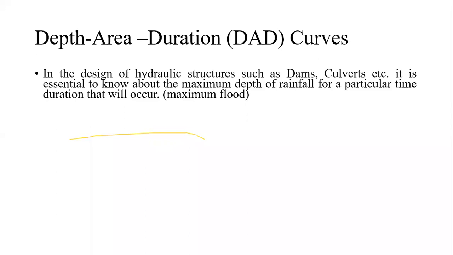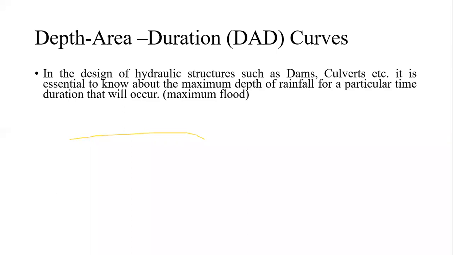So for creation of the depth area duration curve, we have to firstly prepare the mass curve, isn't it? The mass curve is nothing but the cumulative rainfall versus time. From that mass curve, you will get the intensities and the durations of the rainfall for a particular event.